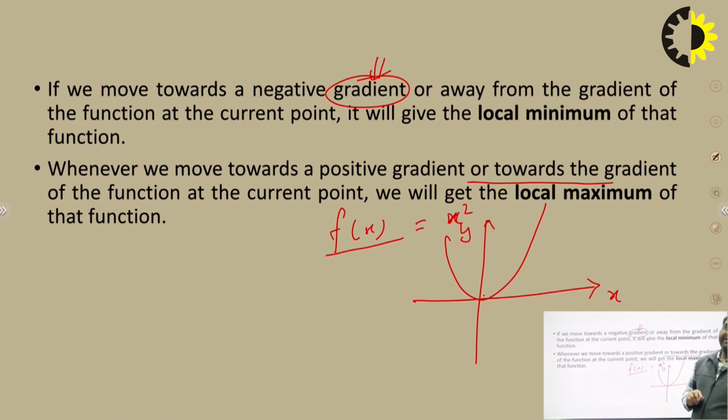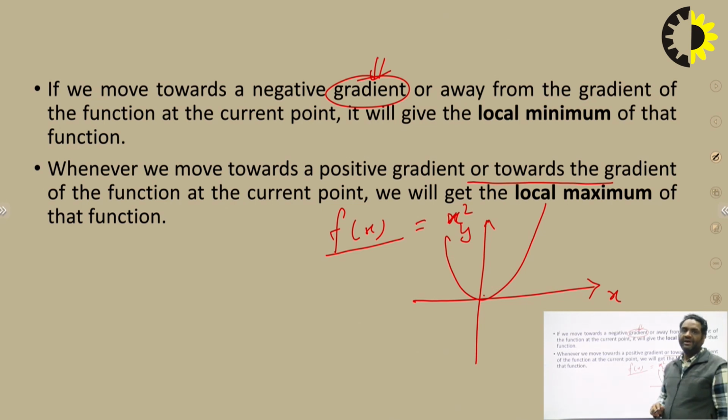Now we need to find the minimum or maximum, both points are there. But by means of gradient descent, we always find the minimum point. So where must it be? By seeing this graph, we can easily find where our minimum point is.